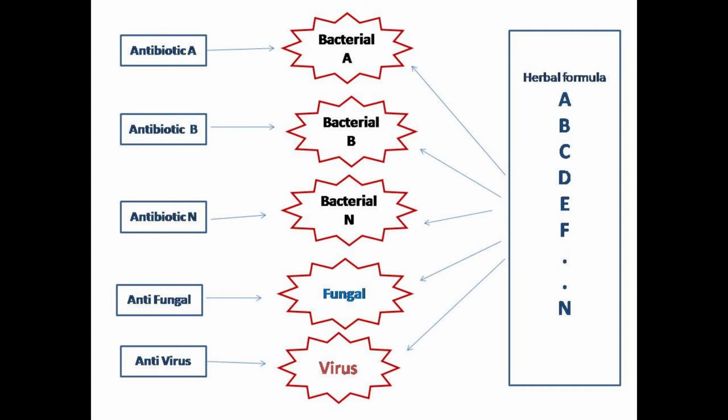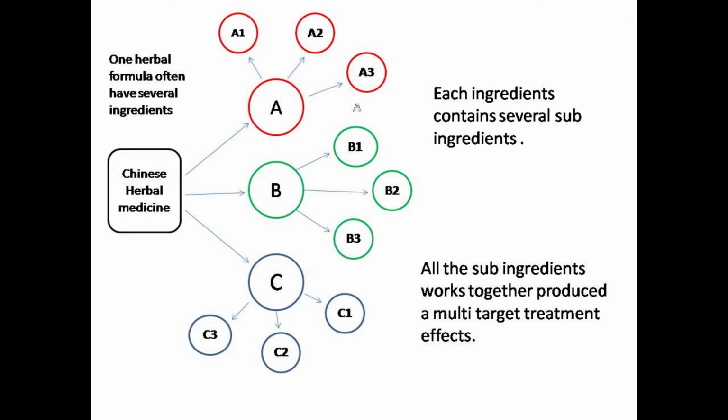Like Western medicine, antibiotic A only targets bacteria A. Antibiotic B only targets bacteria B. Antifungals only target fungi, and antivirals only target viruses. But in Chinese medicine, a decoction has several different ingredients, maybe 10 or 20, and each ingredient has several sub-ingredients.